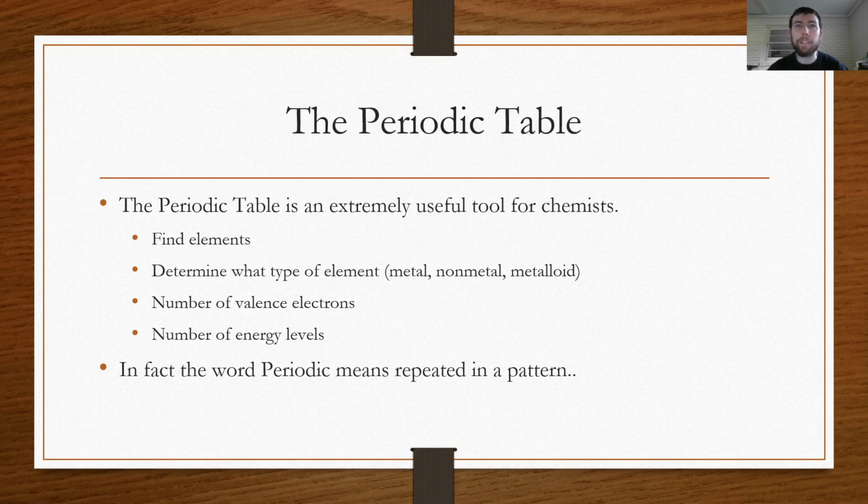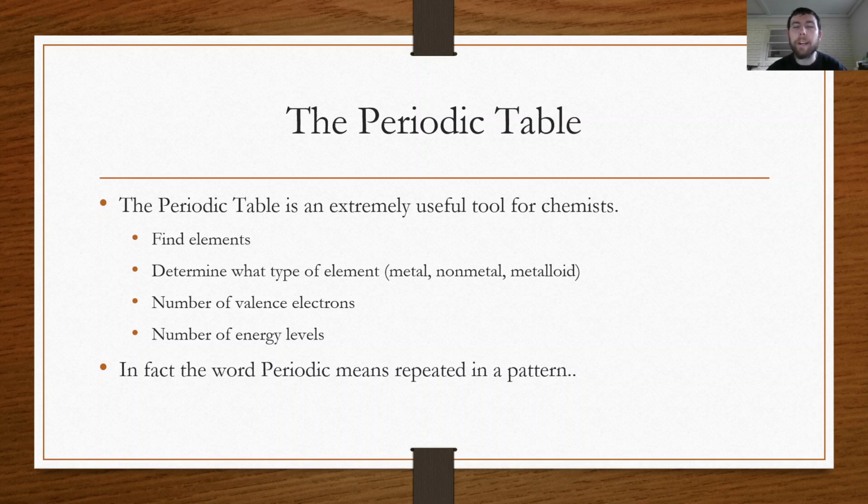A basketball player, their shoes are an extremely vital aspect. For a tennis player, the racket that they're using is an extension of them being able to complete a task. And so for us as chemists, the periodic table is that extension. It is something that is invaluable, and it provides us with a lot of information that we go back to.